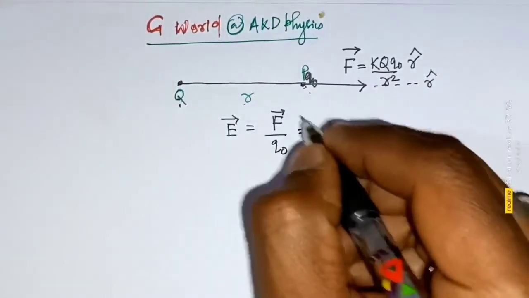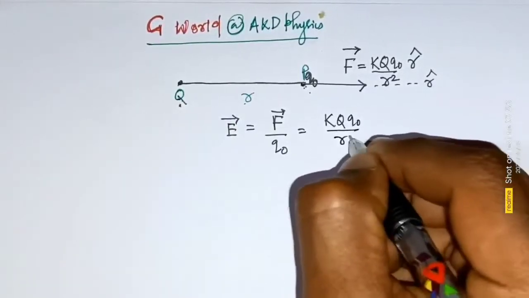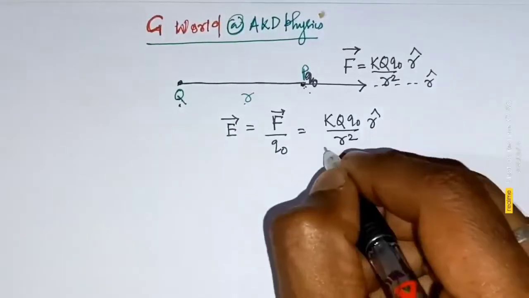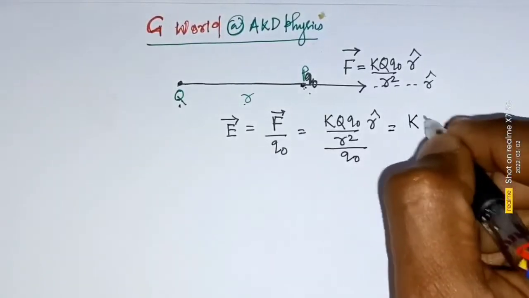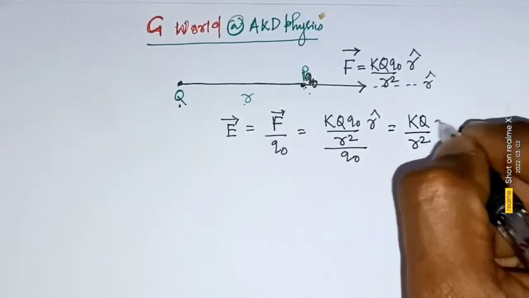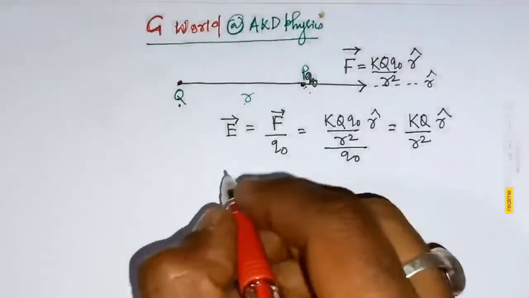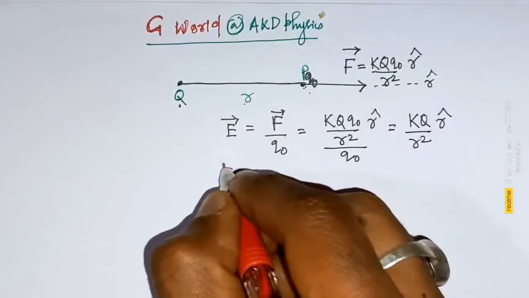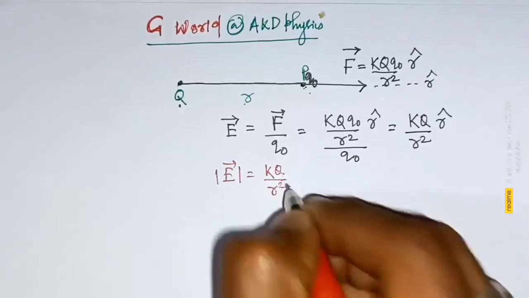So this is K Q Q naught upon r square r cap upon Q naught, and the result is coming KQ upon r square r cap. If I write in the magnitude form, the expression is KQ upon r square.